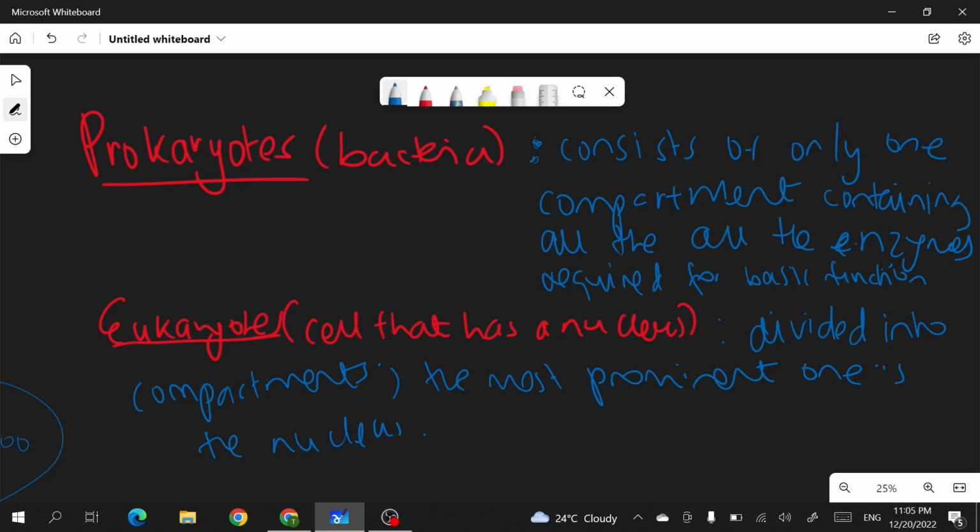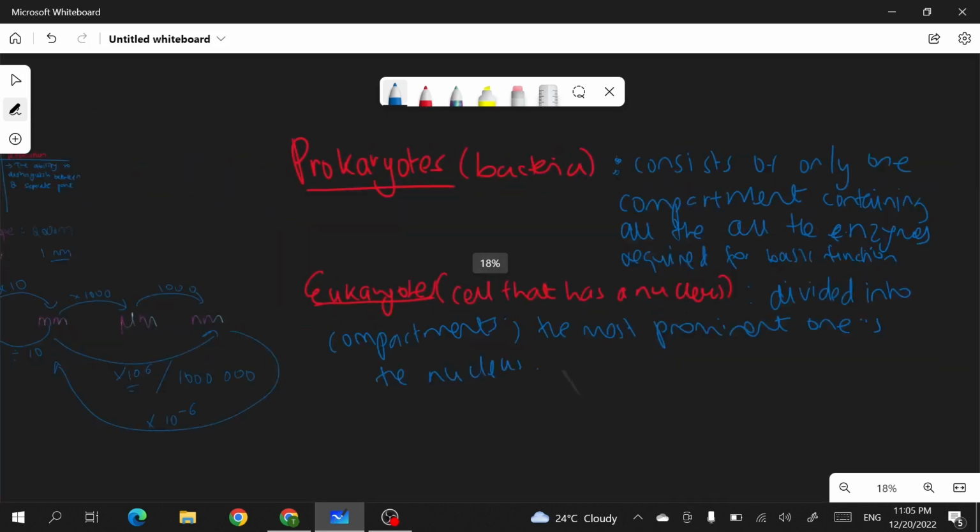Okay, so this is all you need to know. So bacteria consist of only one compartment, containing all the enzymes required for basic function, and eukaryotes are humans and animals.